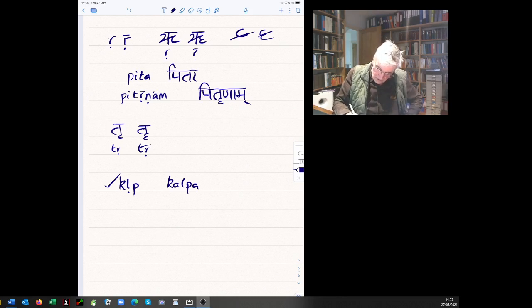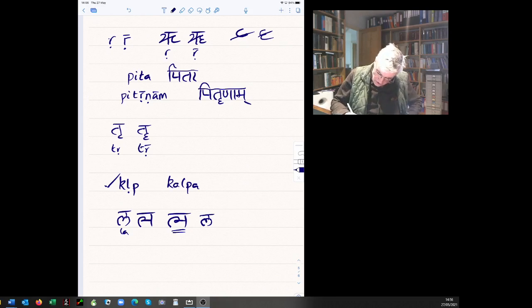On its own, an ordinary l is written like that, or sometimes handwritten like that. This is actually how I learned to write it initially. But in books, you will normally see it written like that. That's the ordinary l. The vowel l starts like the ordinary l, but with a little hook at the bottom there.